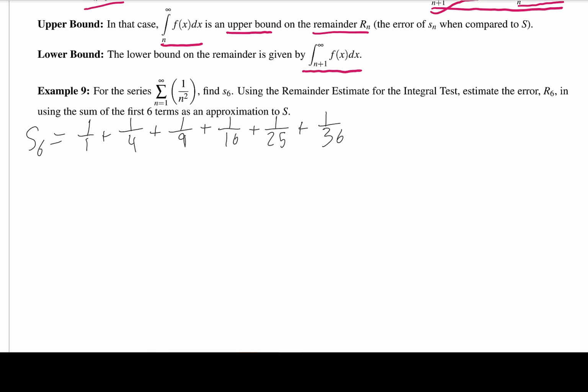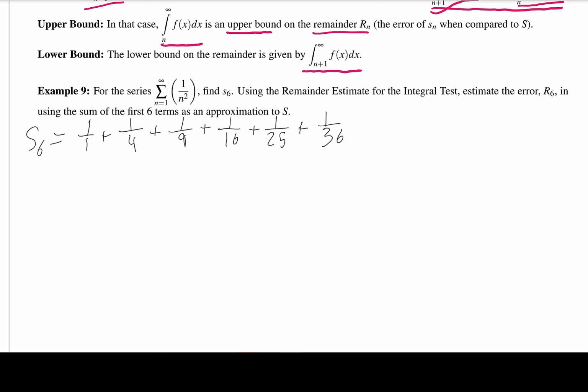If you add those all together, that'll give you your S sub 6. Now we want to use the remainder estimate for the integral test to estimate our error, R sub 6, when we use S sub 6 to approximate S.